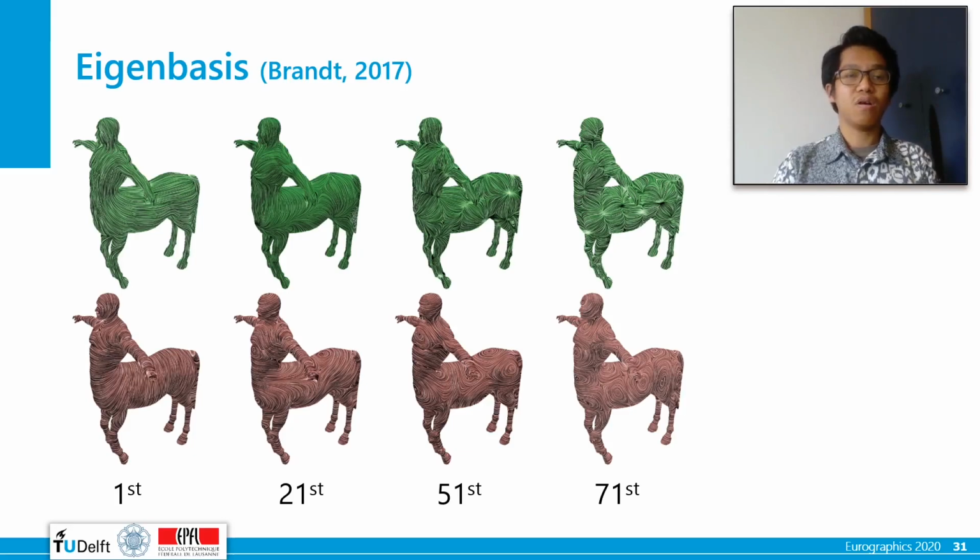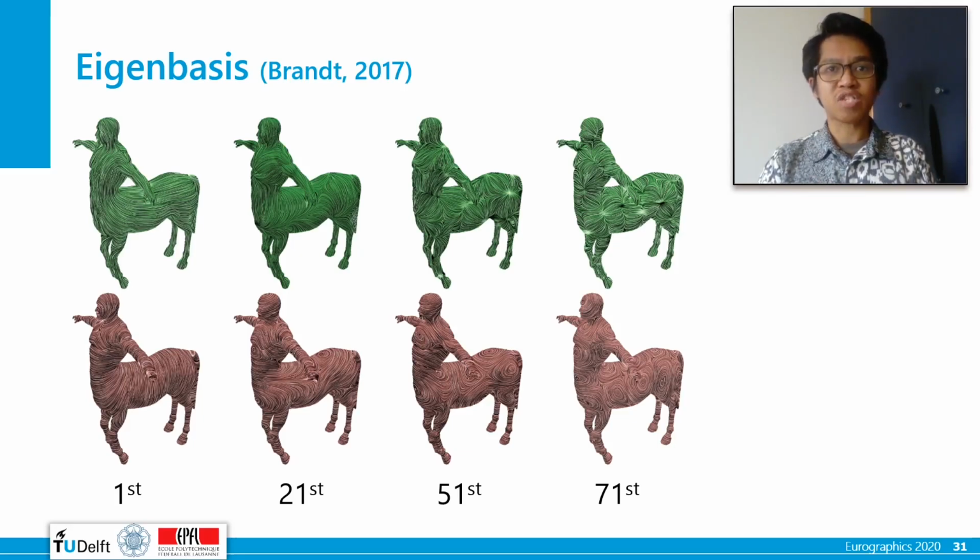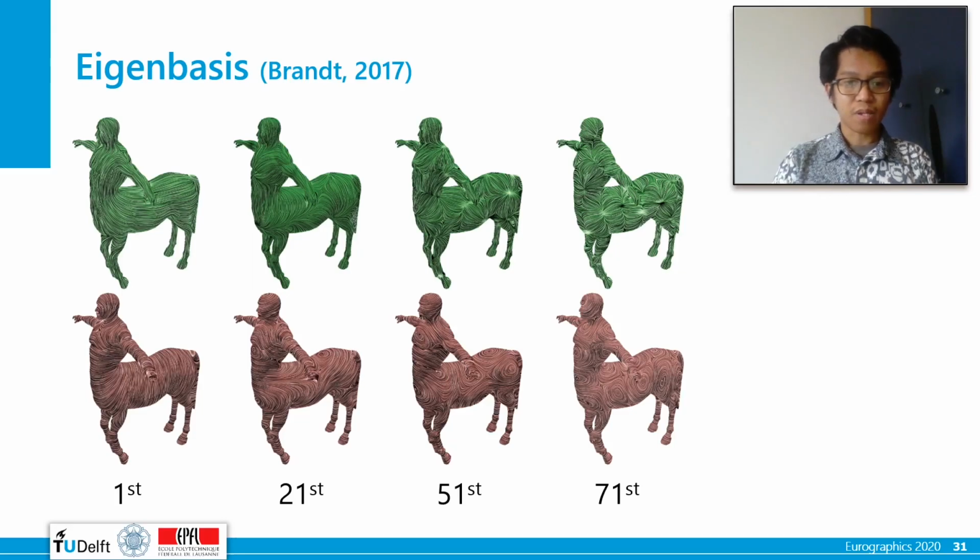And now we compare our construction to the existing approach. One other possible subspace construction that can approximate the reference fields very well is the eigenbasis. What they basically do is solve a general eigenvalue problem of the Laplace operator on the whole surface, right?